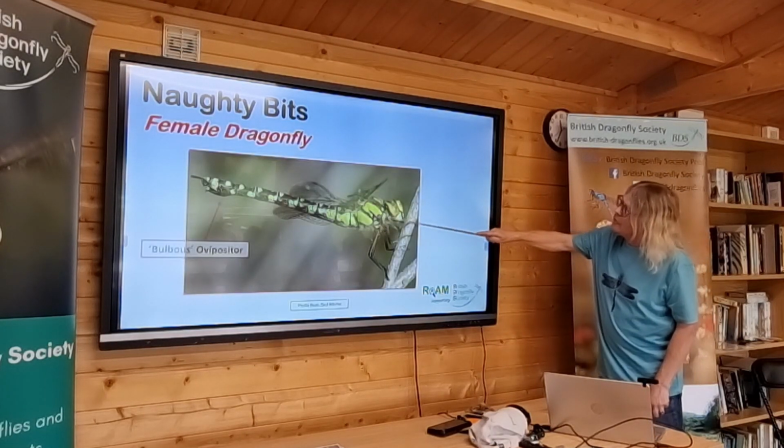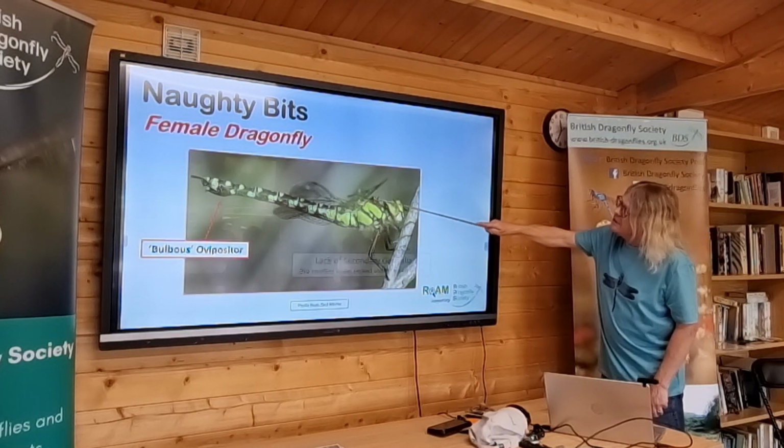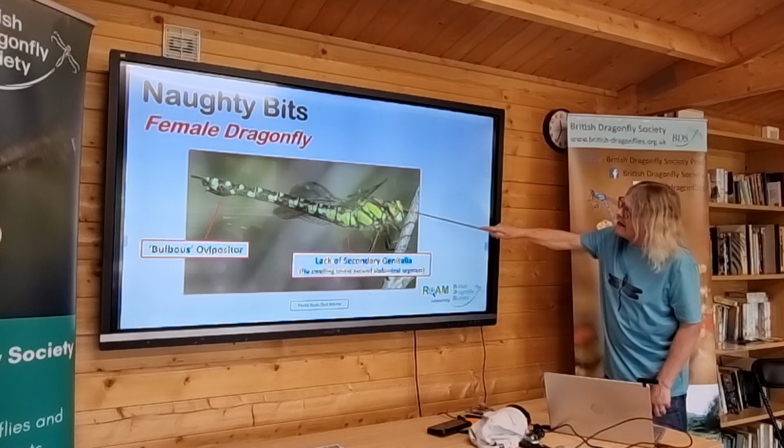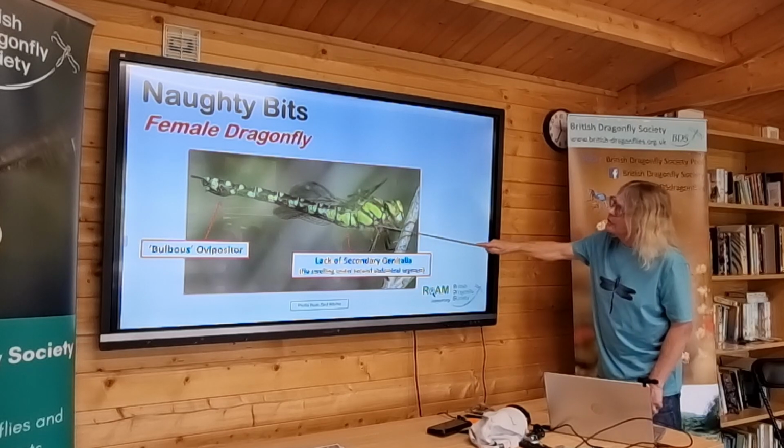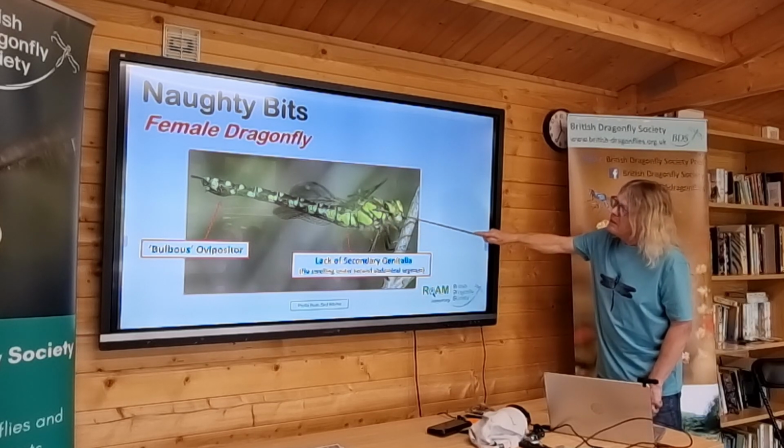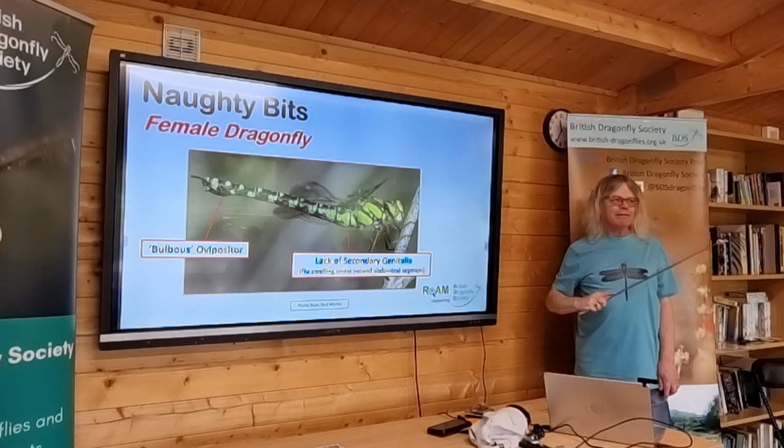Yeah, these marks on the sutures here and the antehumeral stripes on the humeral suture here are always different on every species. So that's quite a diagnostic feature, but they're exactly the same on the female and the male, just a slightly different colour.